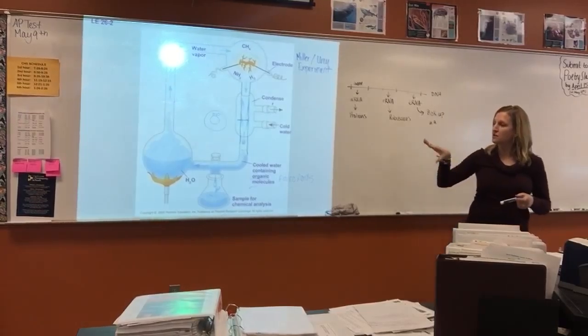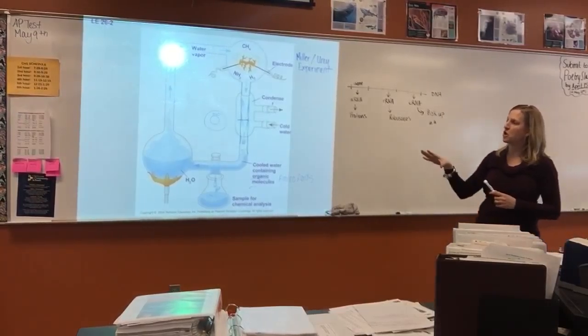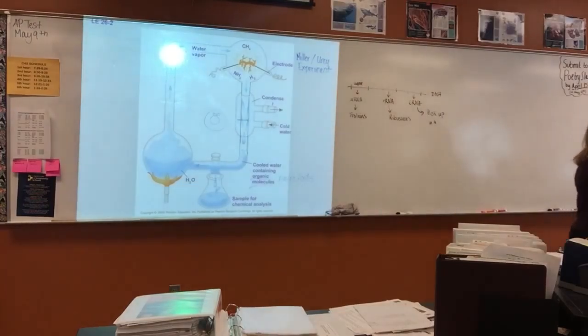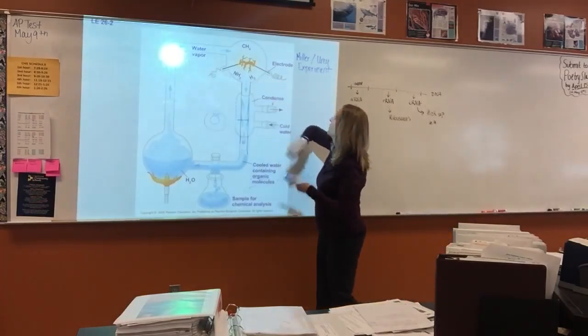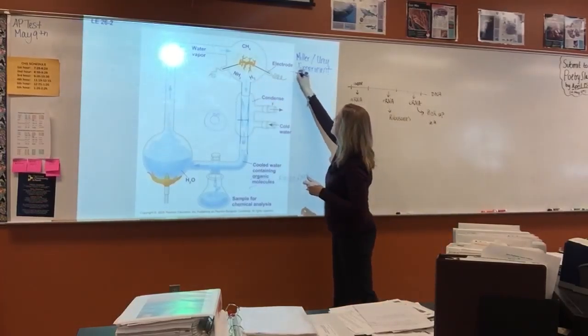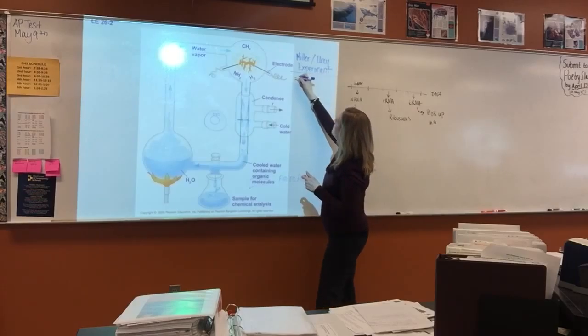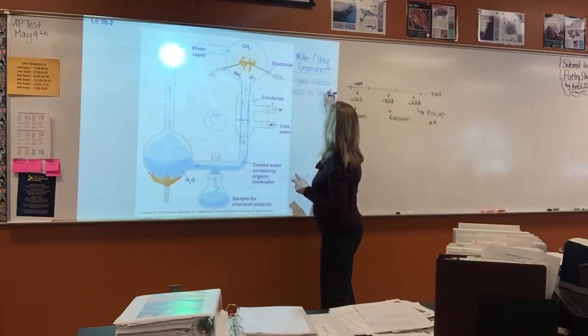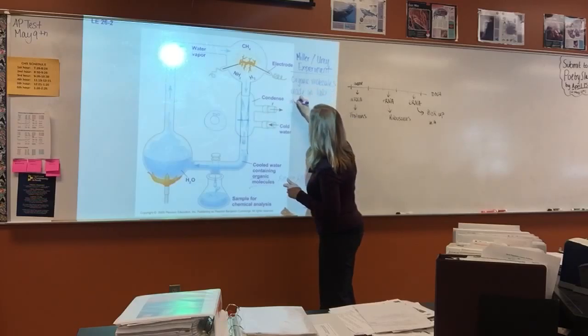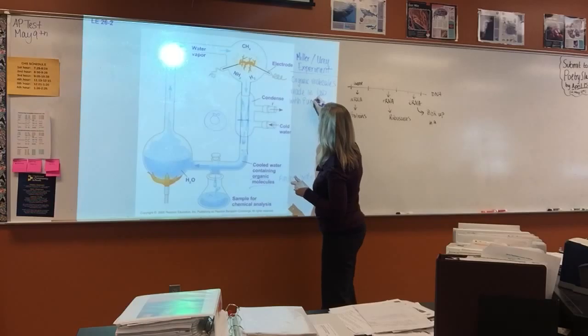And so this was a big experiment. Why? Because it showed that organic molecules could be made from molecules that could have been on early Earth. All right, so that's the significance of this. So I'm going to put here that the significance: organic molecules made in lab with early Earth conditions.